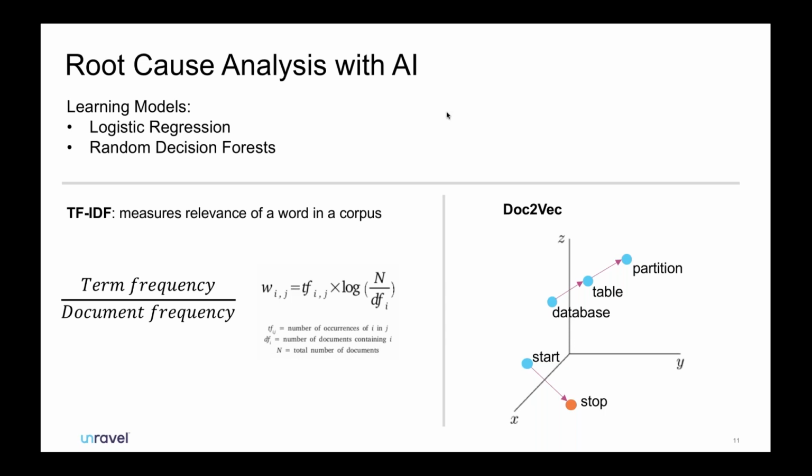And the reason why we also used random decision forests is that the importance of the words matter. The stack trace itself can tell you the reason why this job failed is that the table is offline, right? Words like Hive, table, offline, they all have some meaning and importance next to each other.